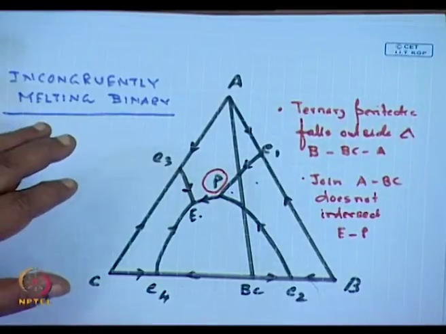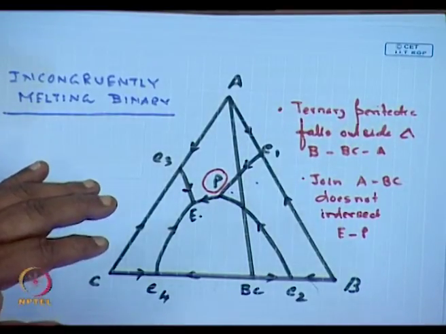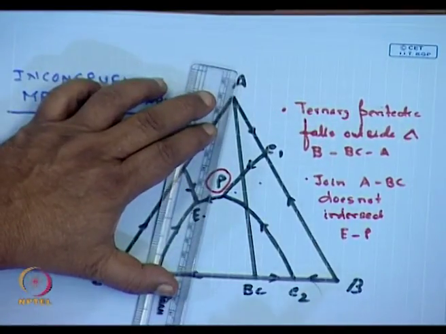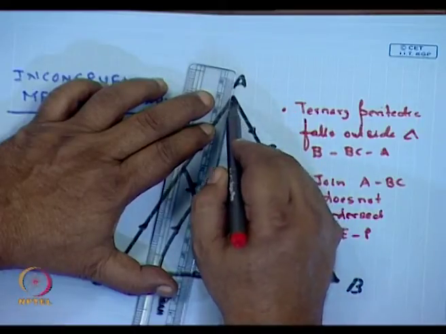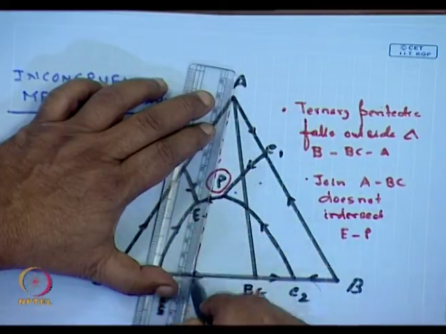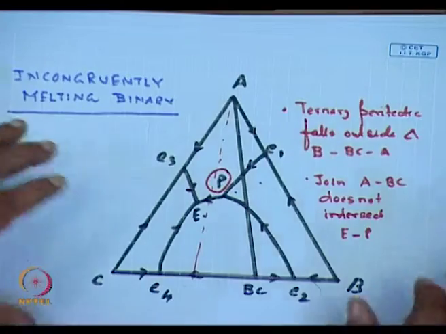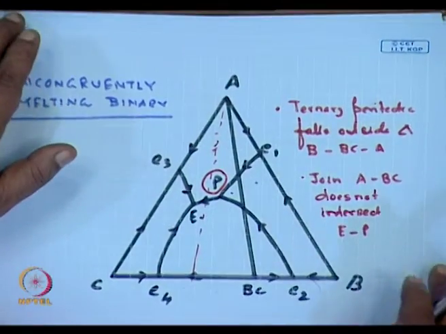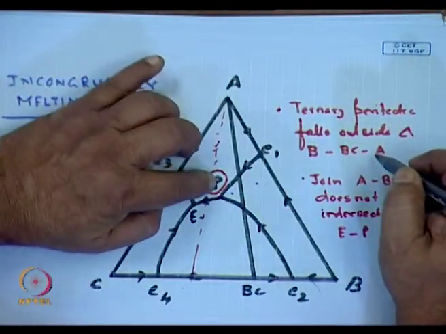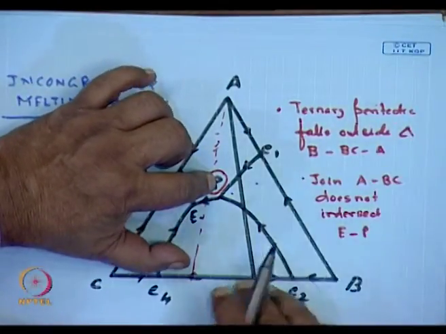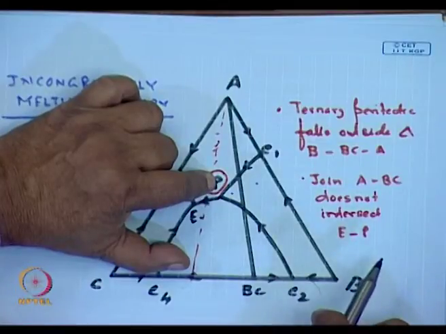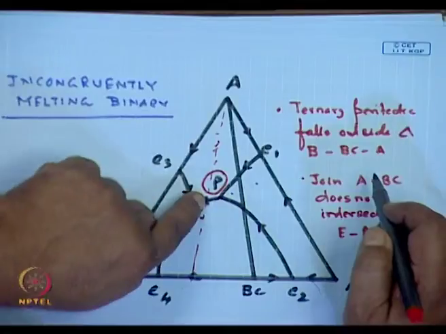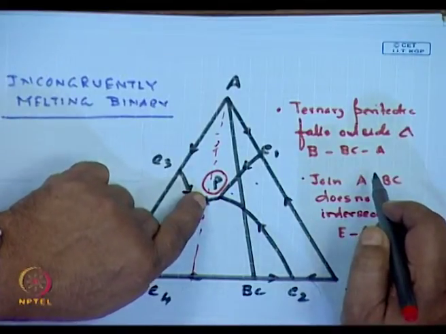An alternative is that the peritectic could have been here, over here. Well, there are various possibilities, but let us ignore this red line for the time being. First of all, this peritectic point falls outside this triangle BCAB. This join does not intersect the peritectic as I have shown.